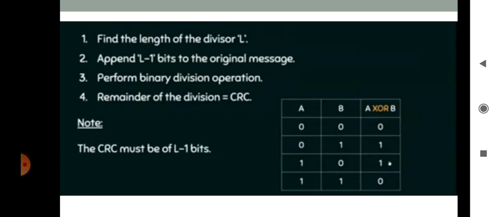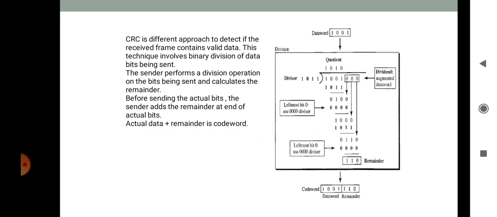Just a reminder, when the bits are 0 and 1, or 1 and 0, the answer is 1. Otherwise, for two similar elements, that means 0 0 and 1 1, the answer is 0. Here is one of the examples for CRC.